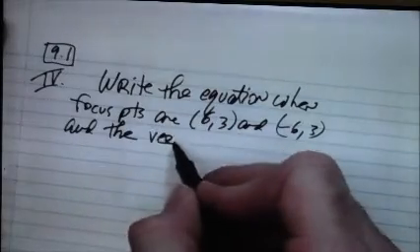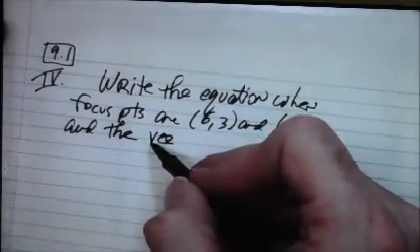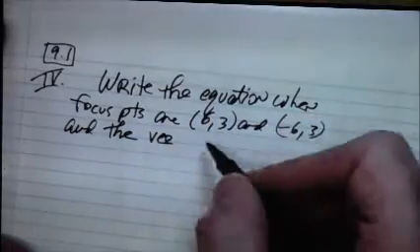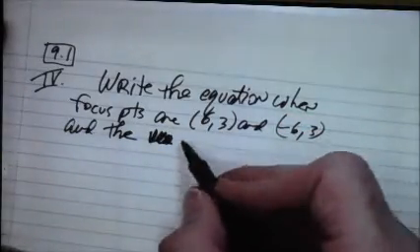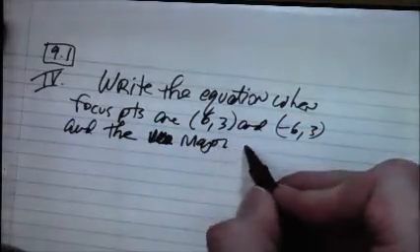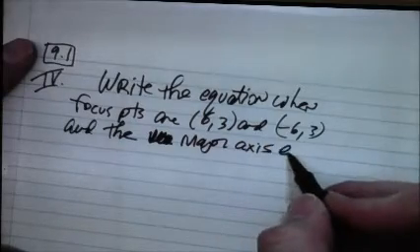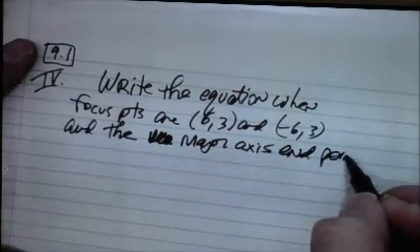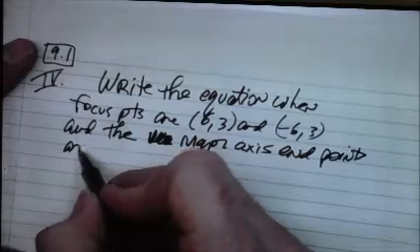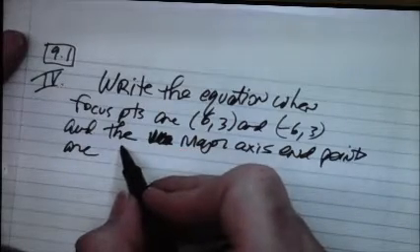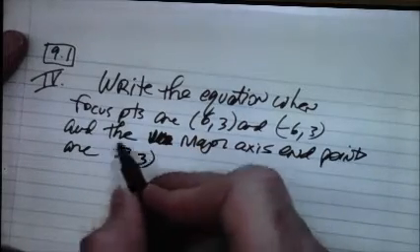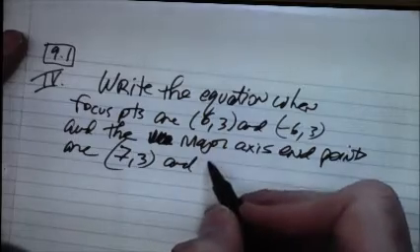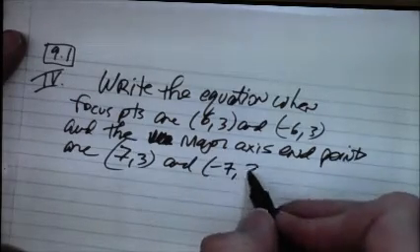And the, okay, I don't want to call it vertices, the major axis endpoints are (7, 3) and (-7, 3).